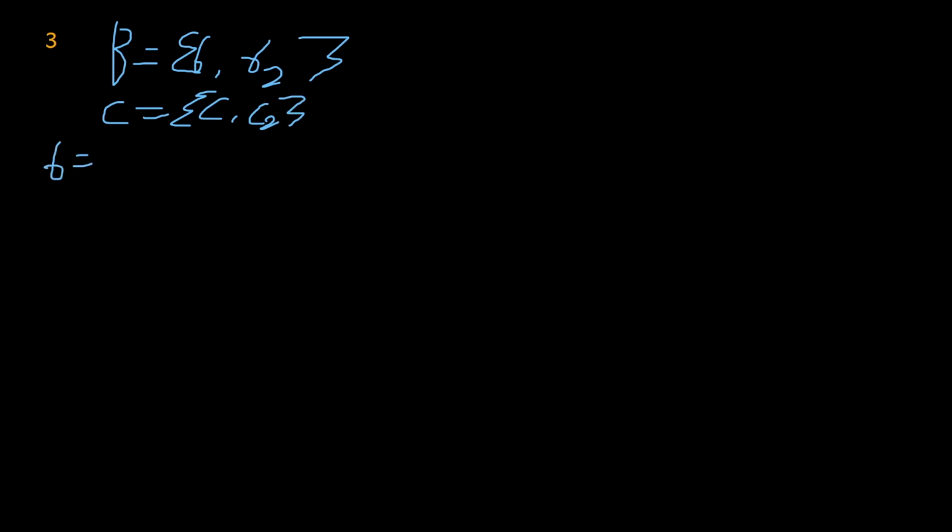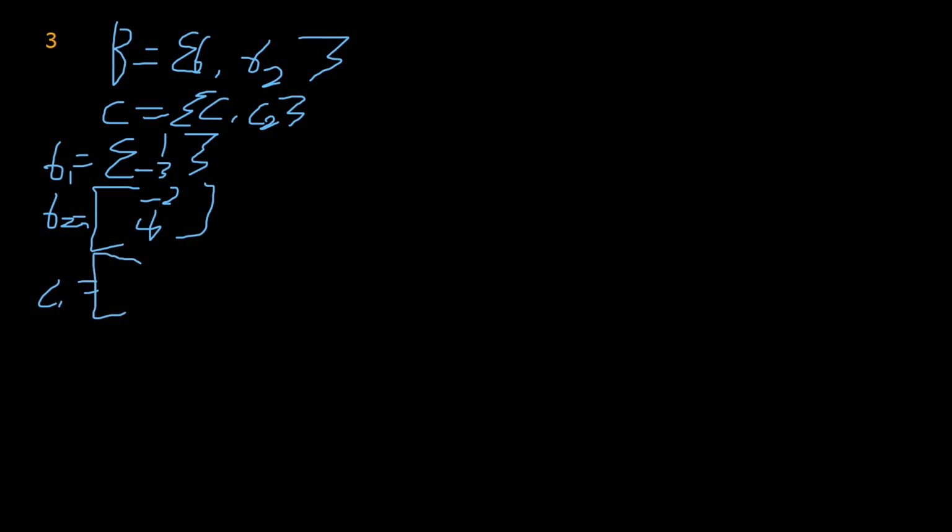B1 is equal to [1, -3], and B2 is [-2, 4]. Then C1 equals [-7, 9], and C2 equals [-5, 7].